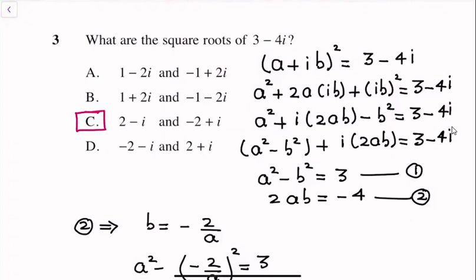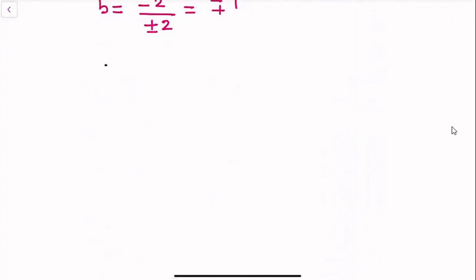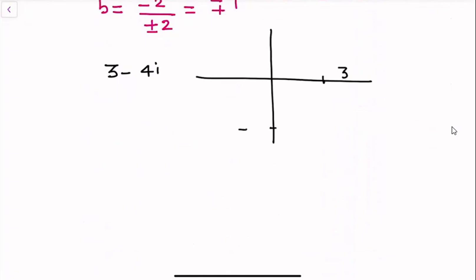This is how you have to work for a structured question, but since it is a multiple choice question, we can go for some shortcut. 3 minus 4i is a complex number located in quadrant 4.